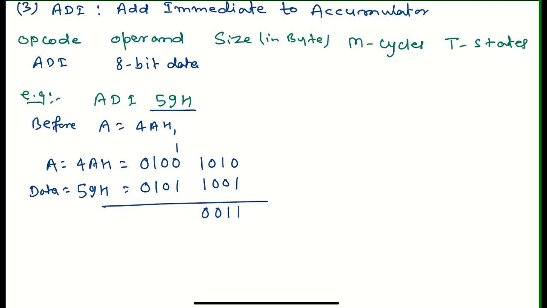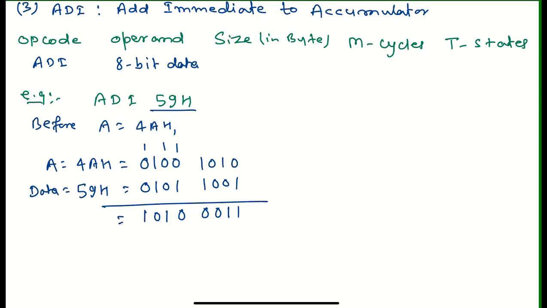Here 1 plus 0 plus 1, so sum will be 0, carry will be 1. Then 1 plus 0 plus 0 is 1, and 1 plus 1 sum will be 0, carry will be 1, and at the last stage 1, 0, 0, so this will be 1 here.